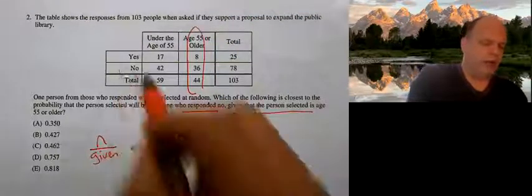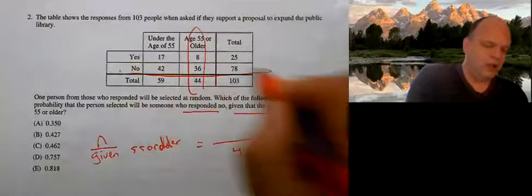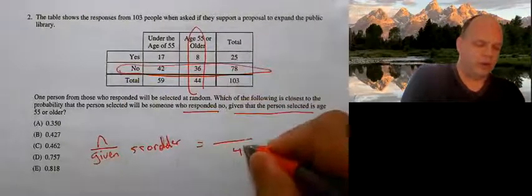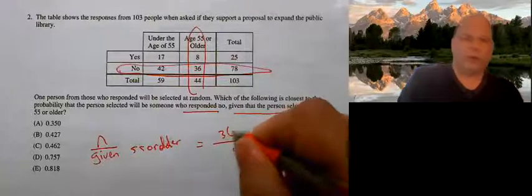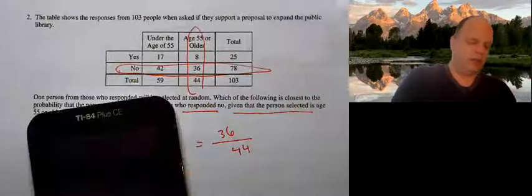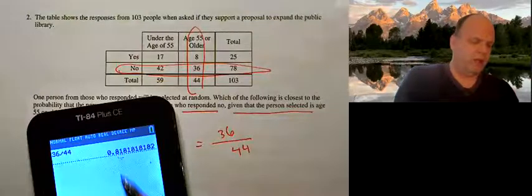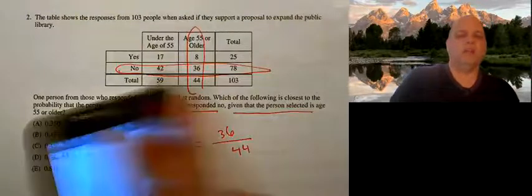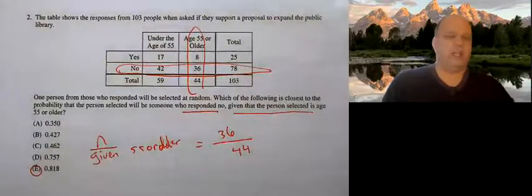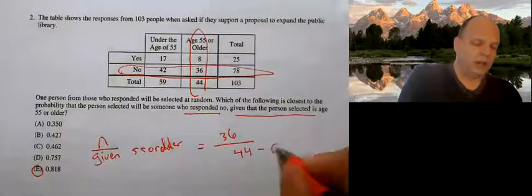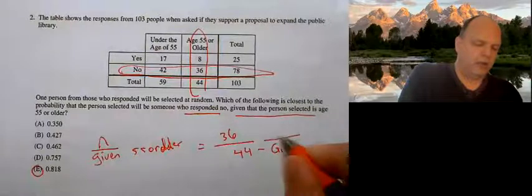And we wanted responded no. And the intersection of responded no is going to be 36 over 44. And if we take 36 and divide it by 44, we end up getting 0.818. So for number 2, our best answer is E. All right. Please remember, given is always in the denominator, and the intersection is in the numerator.